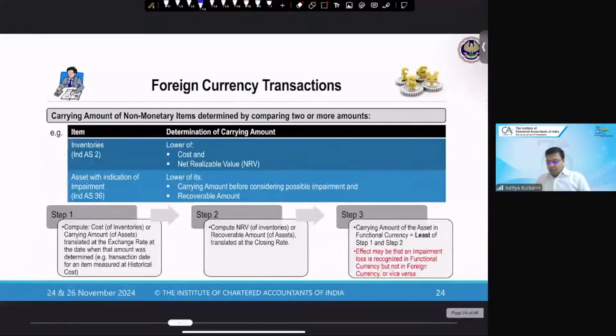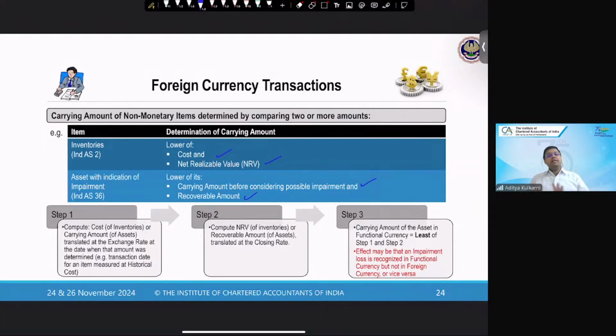Now, sometimes in our Ind ASs, the reported number will be determined as a comparison between two numbers. For example, inventories: we report at the lower of cost or net realizable value. You are aware of it. Assets with indicators of impairment: you will report at the lower of carrying amount before impairment and recoverable amount.